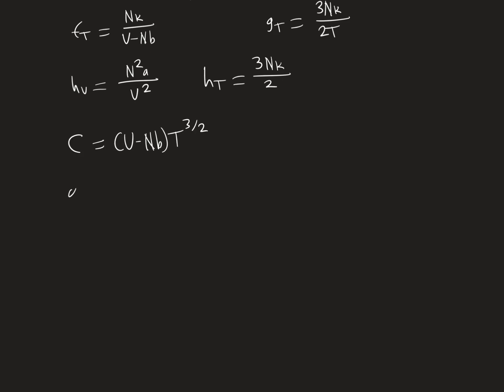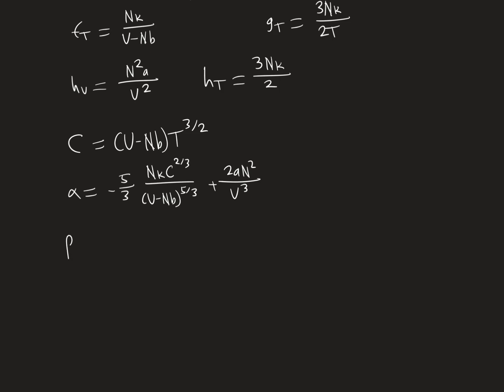We have alpha is equal to −5/3 times nk c^(2/3) divided by (v − nb)^(5/3) plus 2an² divided by v³.